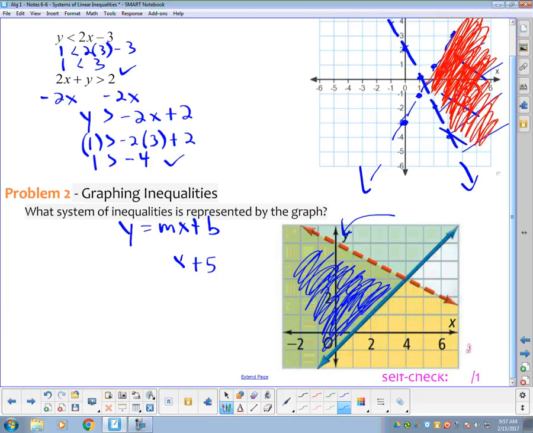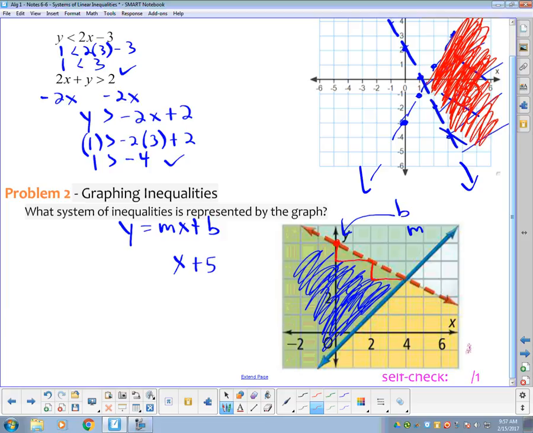I'm going to leave x alone. What else do I need to find here? We're working from right to left, so we need the slope, m. From this point, I go down 1 and over 2.